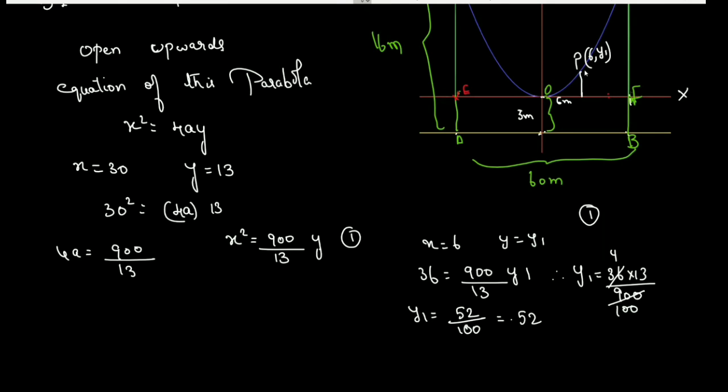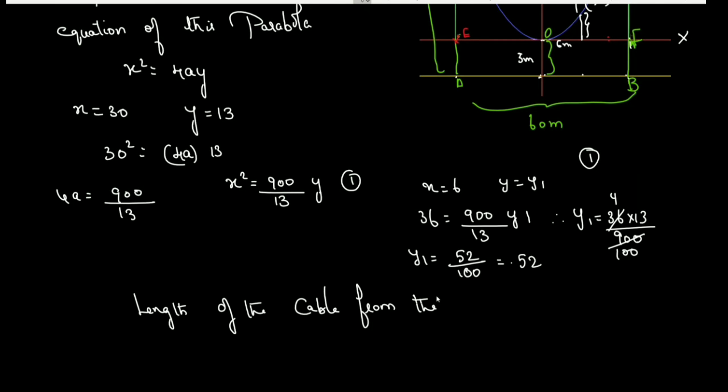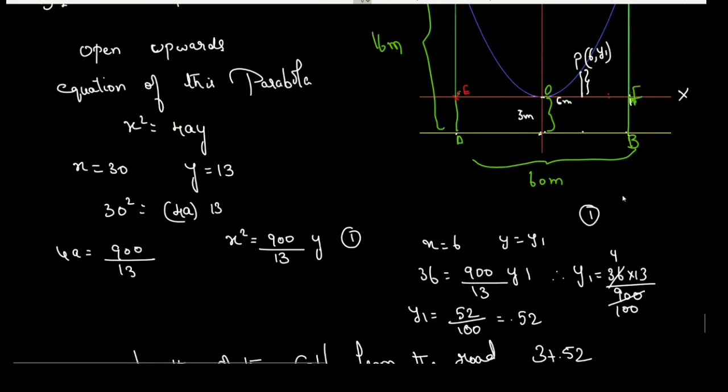So this distance is y1. The cable starts from the road, so the length of the cable from the road will be 3 plus 0.52, that is equal to 3.52 meters. We have to add this 3 meters, then only you will get the length of the cable.